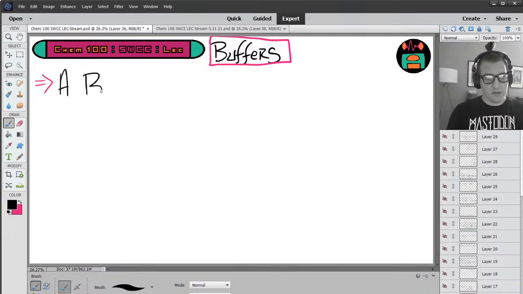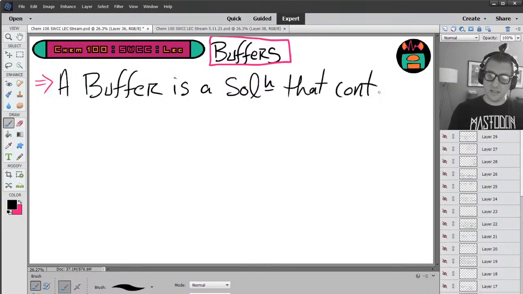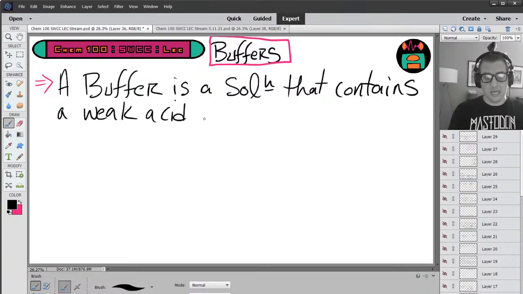A buffer is a solution that contains a weak acid and its conjugate base.